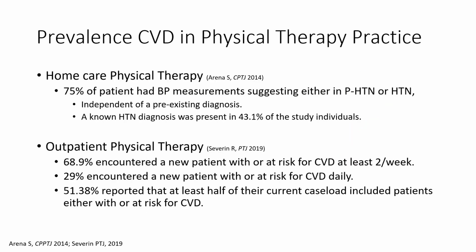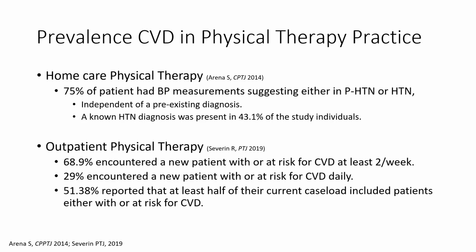Now I'm going to show you some data that is very specific to PT practice. My colleague Sarah Arena out at Oakland University has done a lot of work in home health research and blood pressure screening.